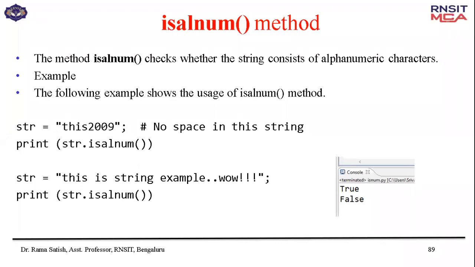It's a string. I'm checking whether there is any number, isalnum. It is returning true. I have taken another string example which is not having any number, and I'm checking. It is saying false.